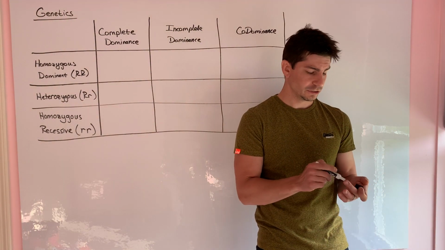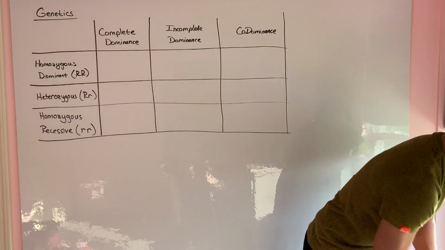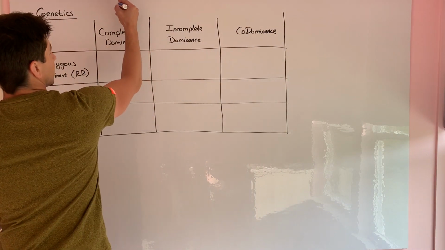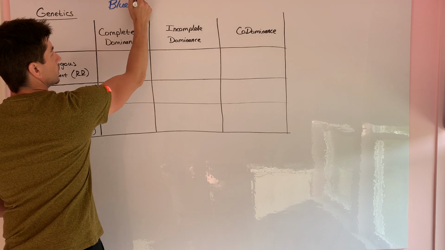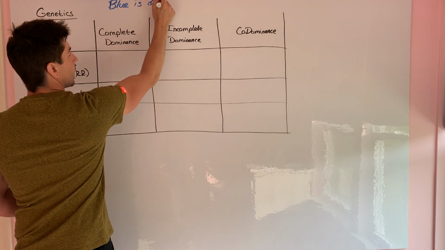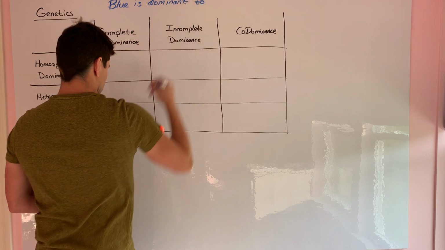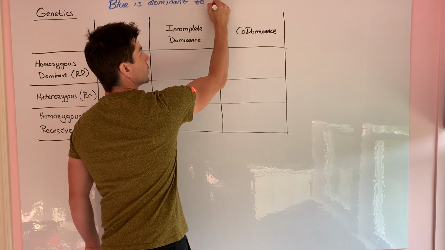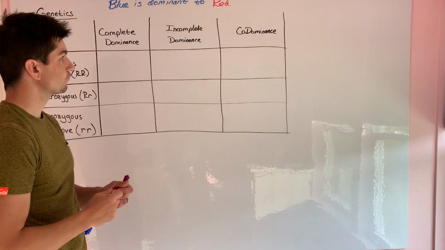I'm going to use flower color, because it is extremely easy. In our little prompt here, we're going to say that blue flowers are dominant to red flowers. So blue is dominant to red.